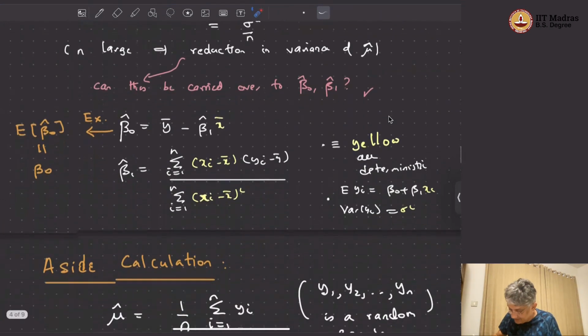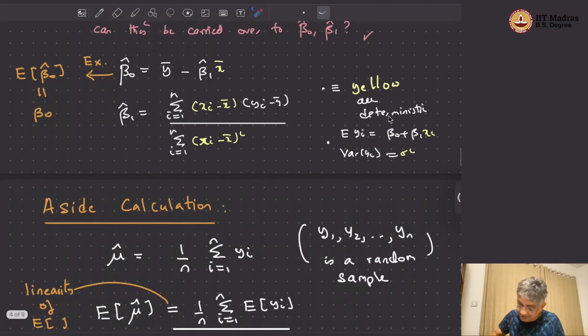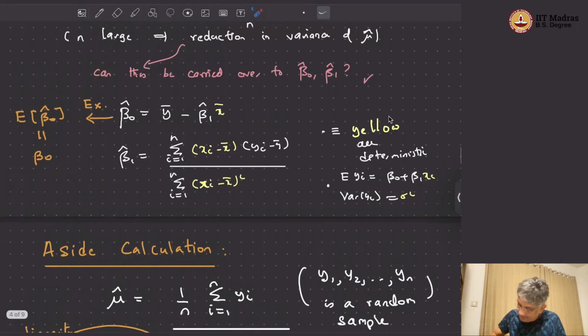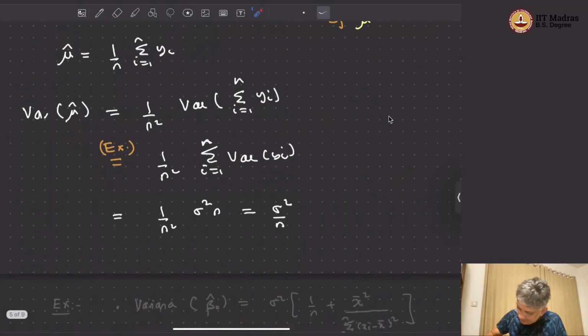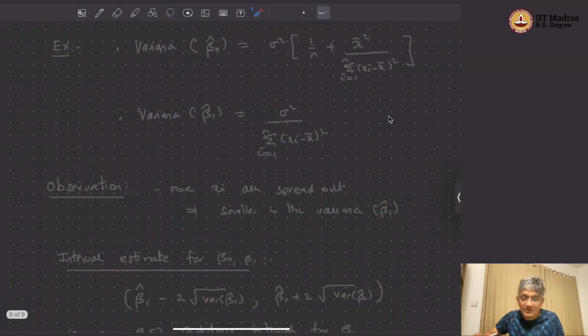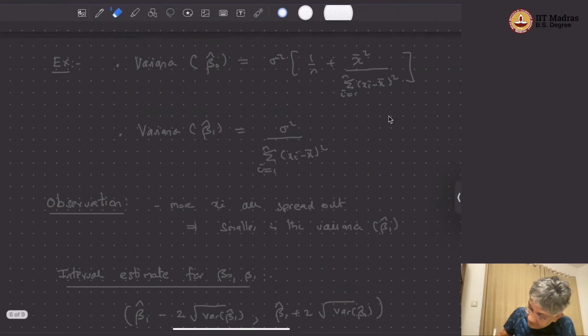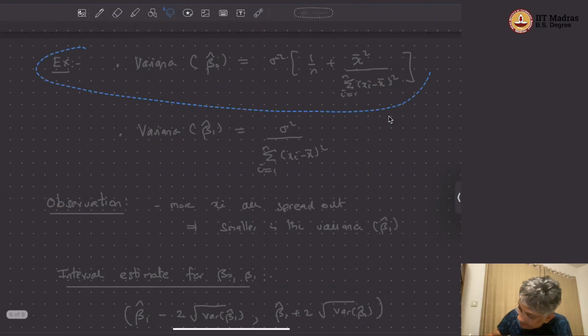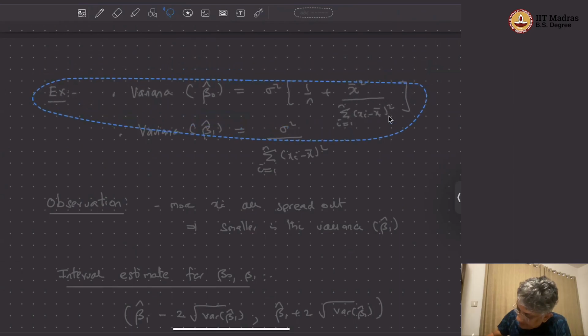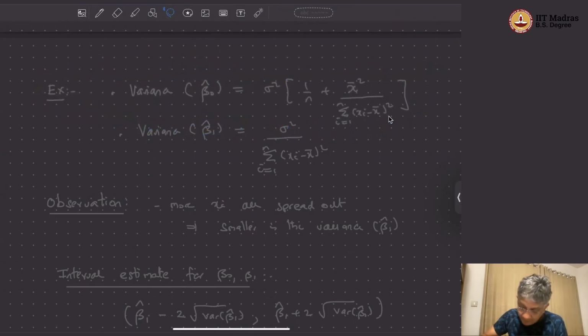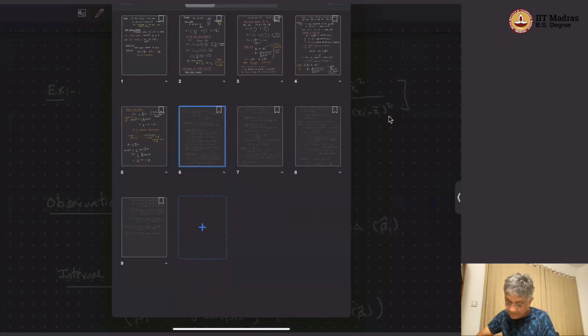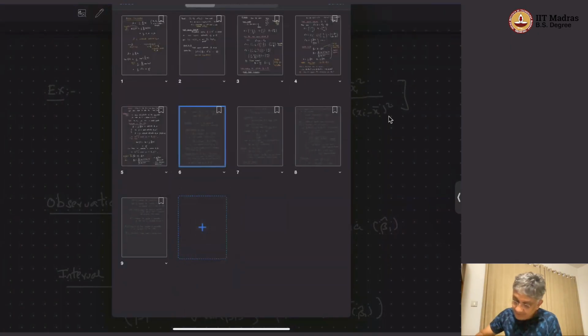So let's write this down and let's forget the side calculation. We'll come back to that later on. I already showed you that beta naught hat is an unbiased estimator of beta naught. Let's move this a little bit down, and I'll move the side calculation to the last page of these notes, then come back and close it.